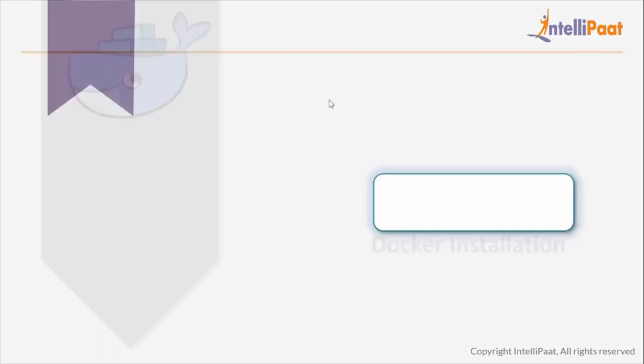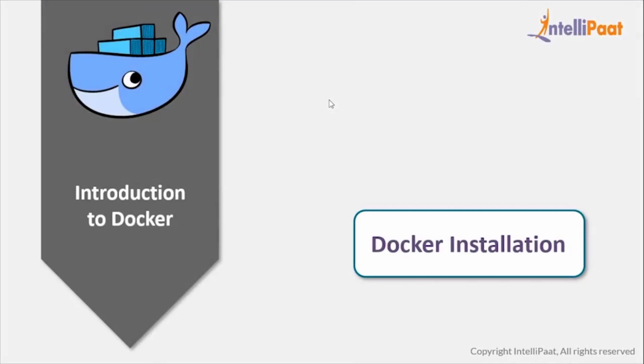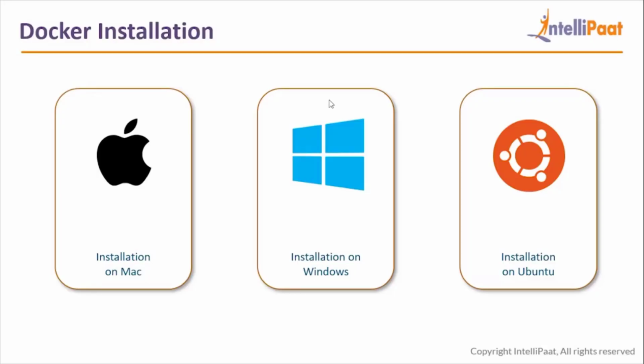Moving forward, now let's discuss. So we have understood why we need Docker, and we have understood what Docker is exactly. Right, now let's go ahead and see how we can install Docker on our machines. When it comes to installation, there could be basically three kinds of installations that you might come across.